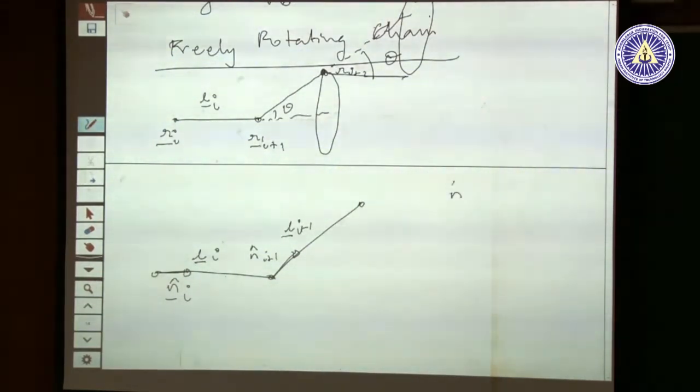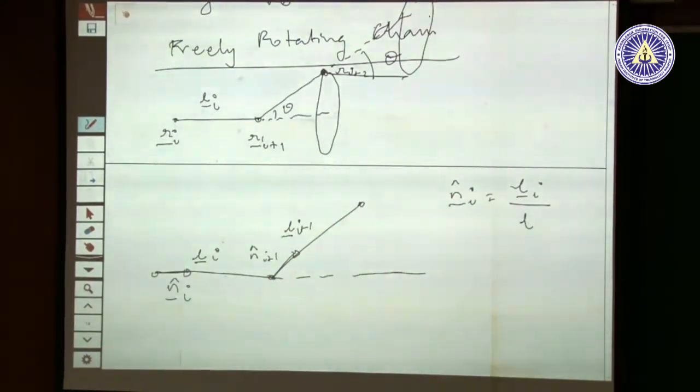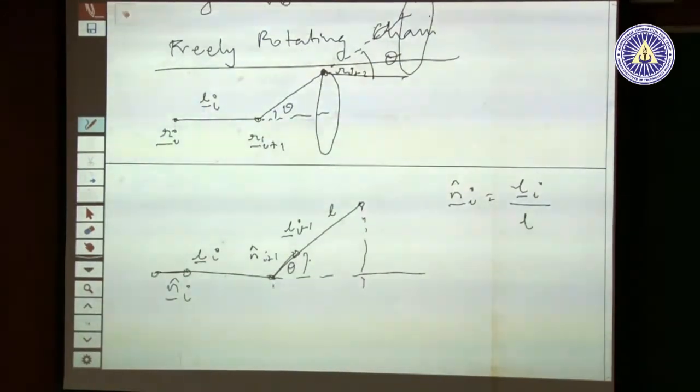So in other words, n hat i is Li divided by L, and I am saying this angle is theta. So if I took a projection of this in the direction of the previous bond, then since this length is L, this would be L cos theta, and it's in the direction of Li because I am taking the projection in the direction of Li.